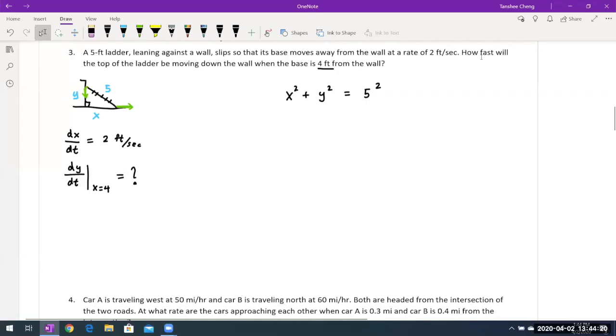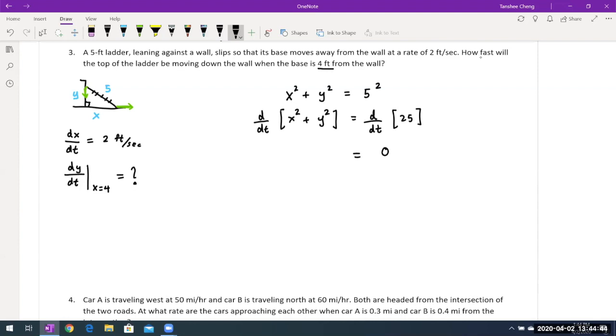So to relate these two rates of change, I'm going to take the derivative with respect to time on the left-hand side, and also on the right-hand side. The right-hand side is 0.